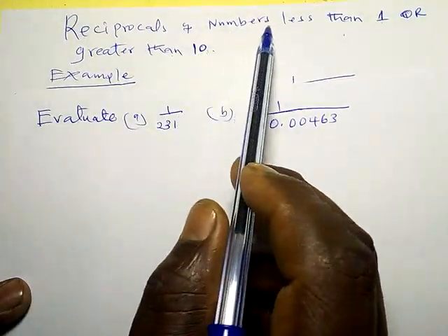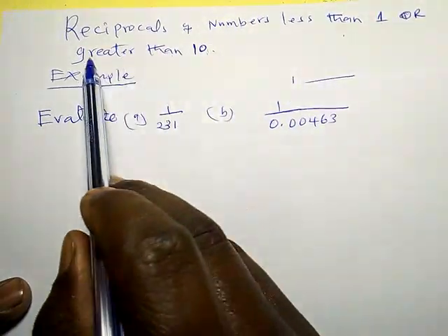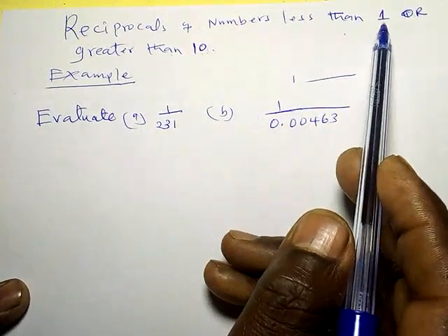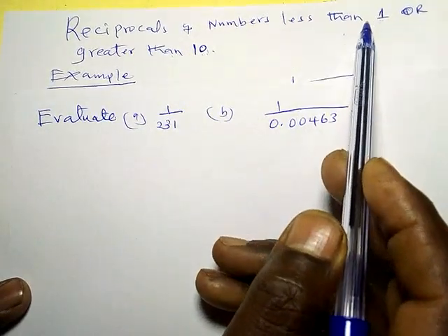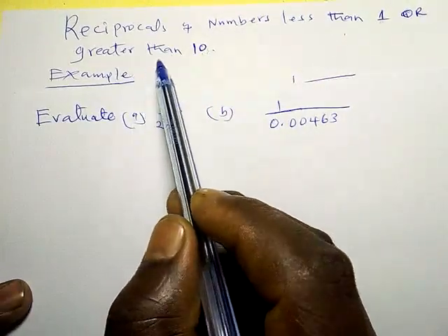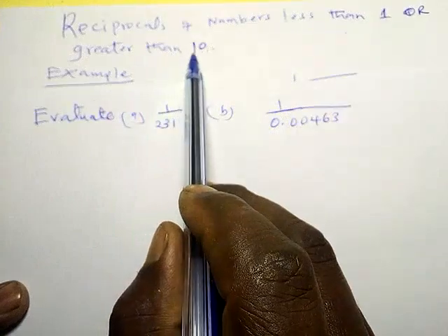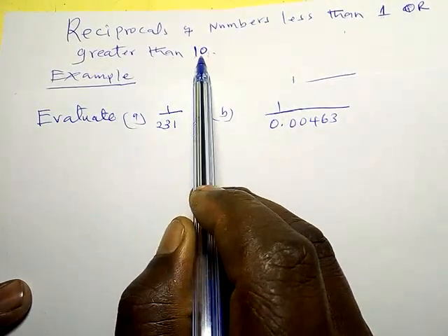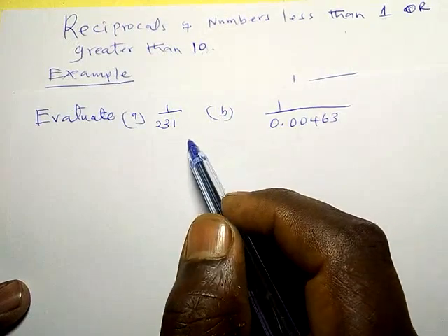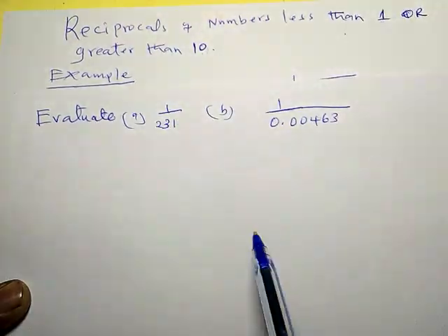Now, reciprocals of numbers less than 1 or greater than 10. A number that is less than 1 is not available in our four-figure table. The reciprocal of a number more than 10 is not found in the four-figure table. Therefore, what you do, you write that number in standard form first.